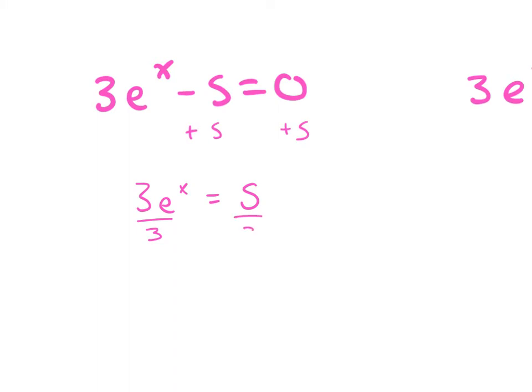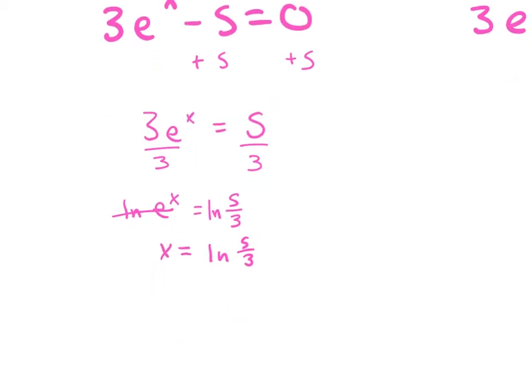Divide by 3. So e to the power of x is equal to 5/3. What's next? ln to cancel it out. We do the ln to cancel out with the e. So x is equal to the ln of 5/3. So what do we get for x?